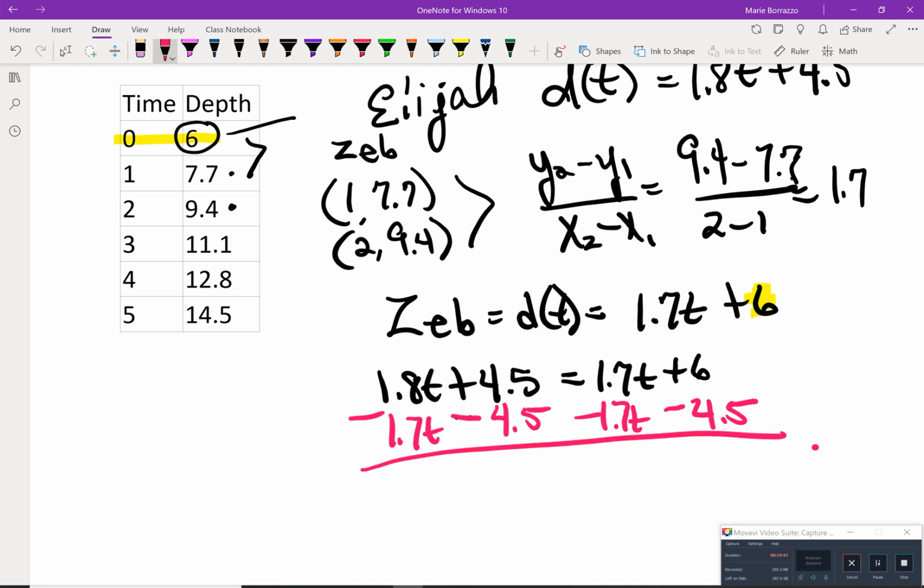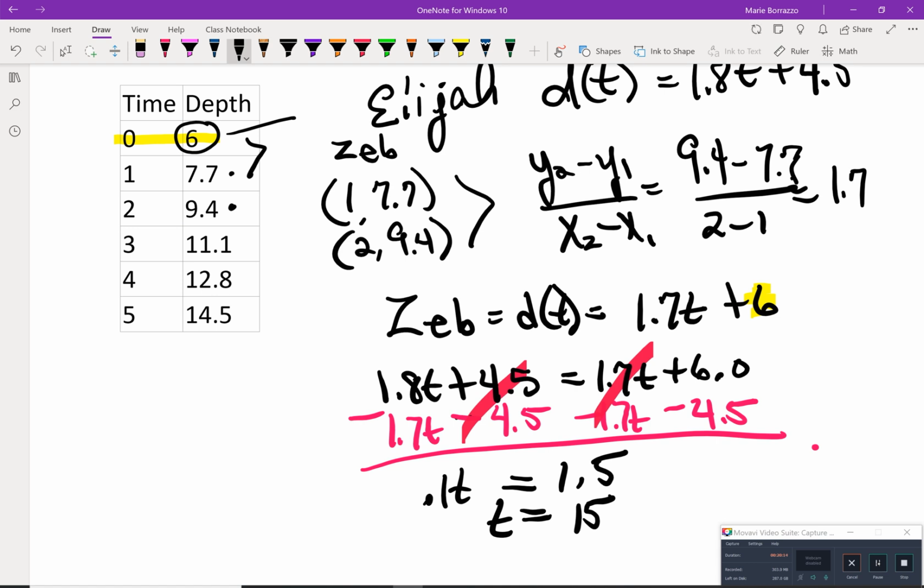At this point, remember that all of this cancels, all of this cancels, and you are left with 0.1 t is equal to, in essence, 6.0 minus 4.5, so this will be 1.5. When I divide by 0.1 on both sides, that means that t is going to be equal to 15. And t equal to 15.